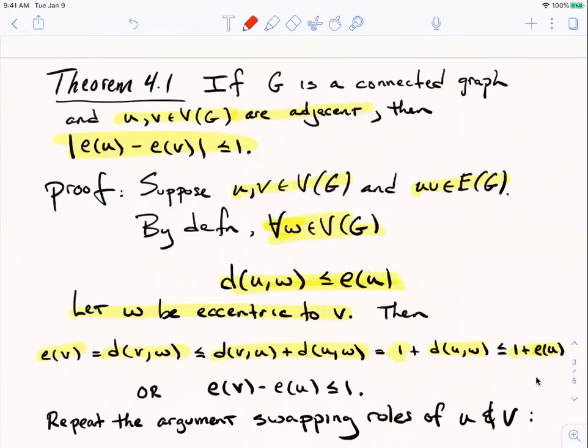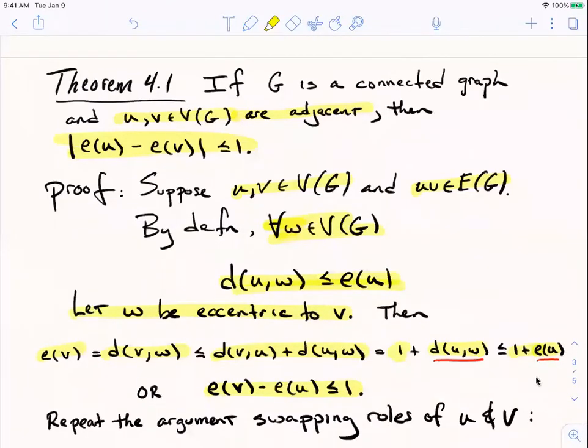If it's easier, I can underline this term in red: it is no more than the eccentricity of U, and that justifies that inequality. So now just a little bit of algebra. We've proven that E of V is less than or equal to 1 plus E of U. That precisely means that E of V minus E of U is less than or equal to 1, in that order.